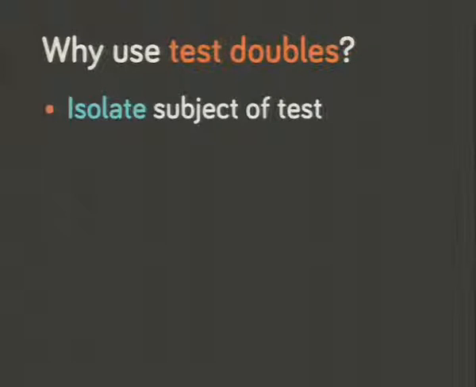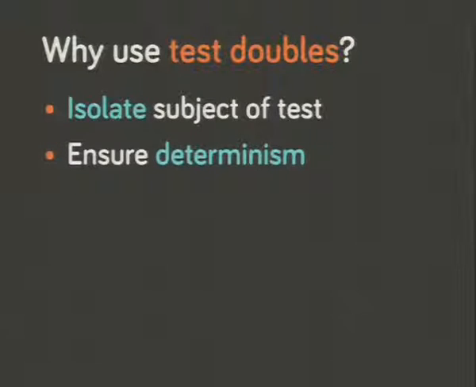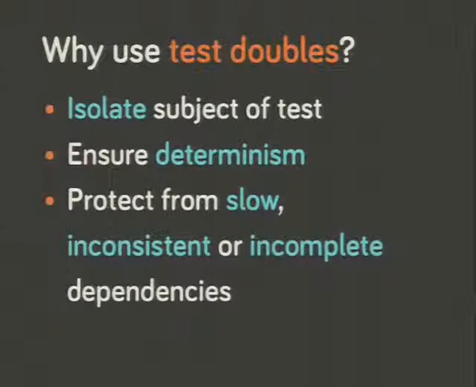The purpose of using test doubles, or stand-ins, is to isolate the subject of your test and keep it away from nasties, as I'll come to in a minute. Really the purpose of that is to ensure determinism. You want your test to run in exactly the same way each time and always produce the same result. You do that by protecting it from flaky external dependencies, such as the network, for example.